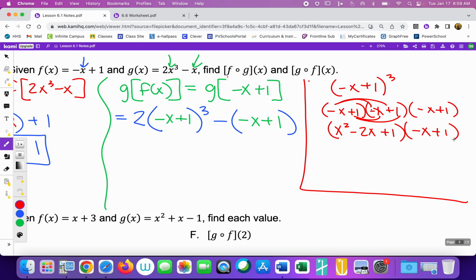Okay. Again, we did this on the front when we were multiplying, so you have to distribute those two. So that'd be negative x cubed plus x squared. Then distribute the negative 2x. Positive 2x squared minus 2x. And then distributing the 1, minus x plus 1.